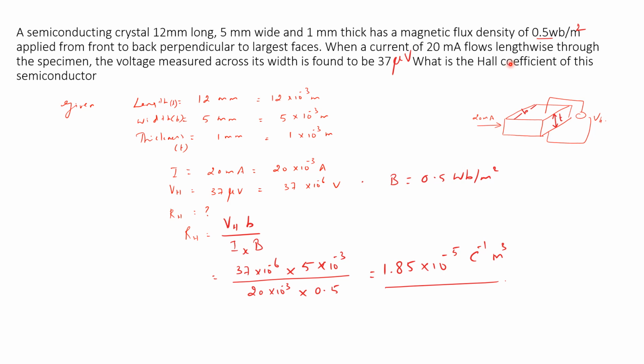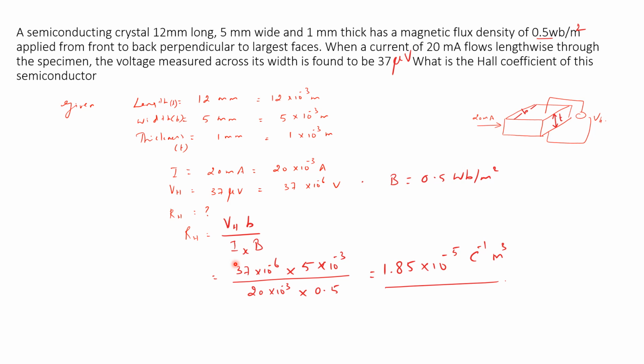So in the experimental verification of Hall effect, we have written this equation RH is equal to VH b divided by IX into capital B. So this capital B represents what? Flux density, small b represents the breadth. Okay, so VH is given in the problem, substitute. Small b is given as 5 mm, substitute.